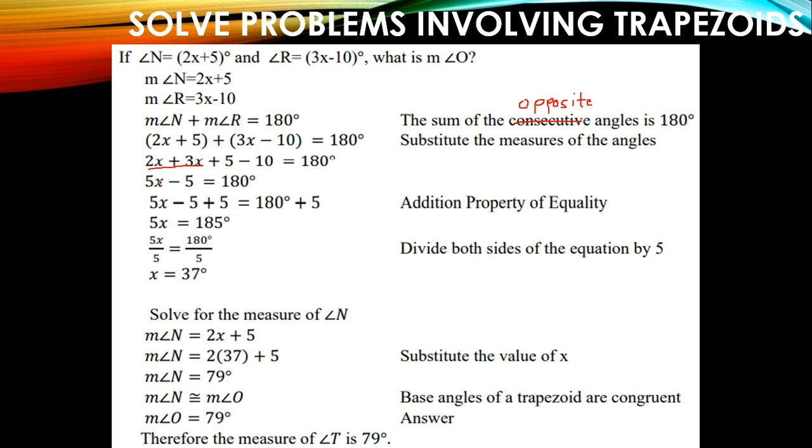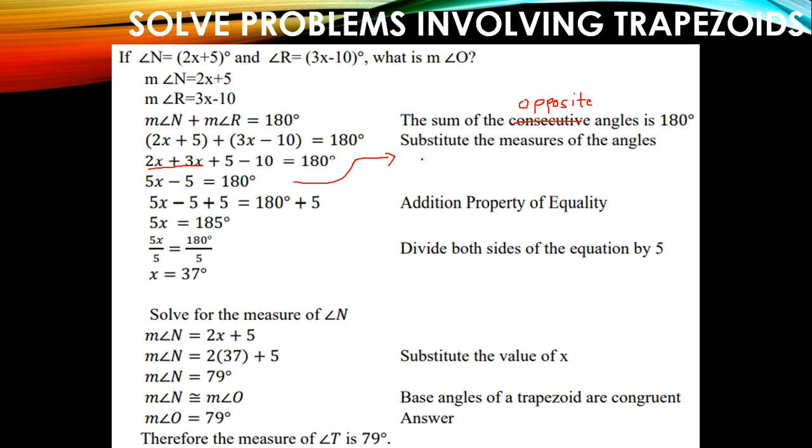So it becomes 5x minus 5 equals 180 degrees. So we can use the addition property of equality, or the second method, transposing. The transposing method is easier for me than the addition property of equality, but I discussed that in another video, so you can watch it there.